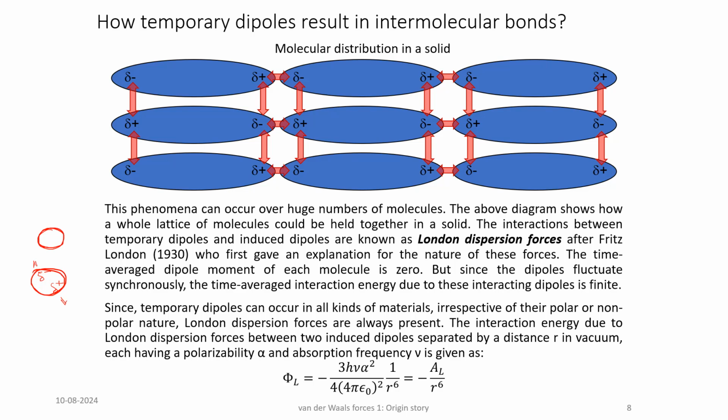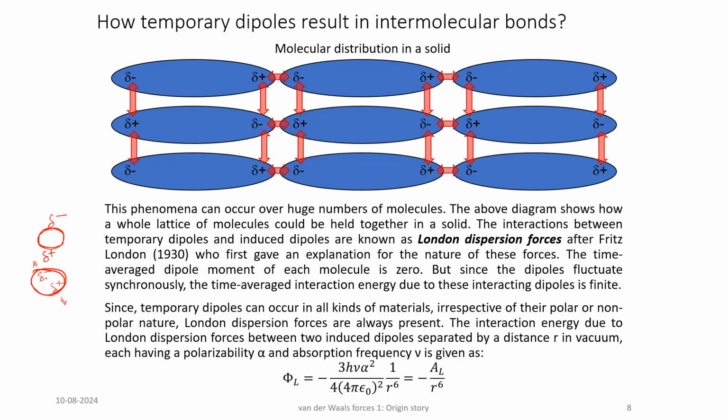Due to the first particle, this side is electronegative. Because of this electronegativity, the non-polar particle will experience some charge on its surface, obviously an opposite one, leading to delta plus on one side and delta minus on the other.